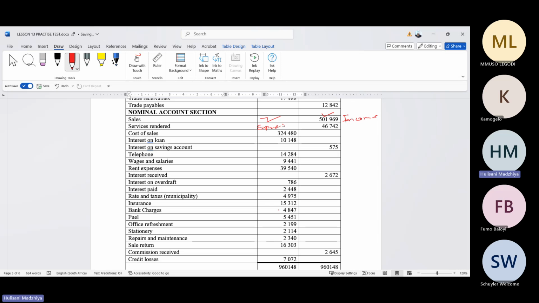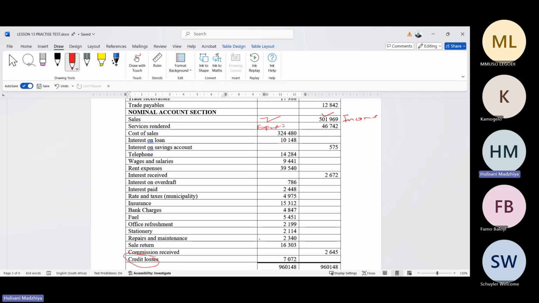However, I did notice that most of you who attempted did not include credit losses. Credit losses relate to when we sell something to a customer on credit and they become a debtor to us. While they are a debtor, they do not pay us the money that we allowed them to borrow by giving them the goods on credit.